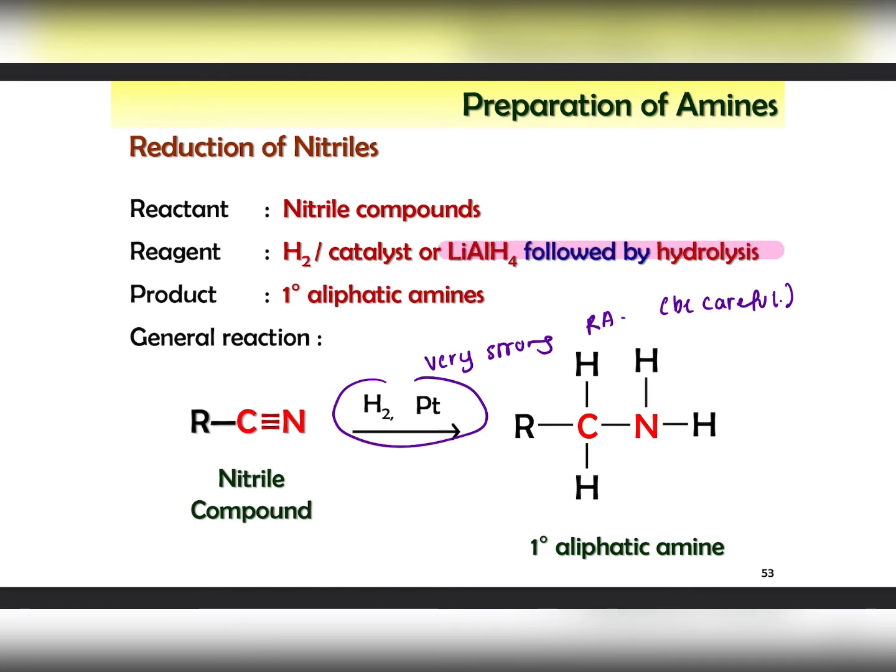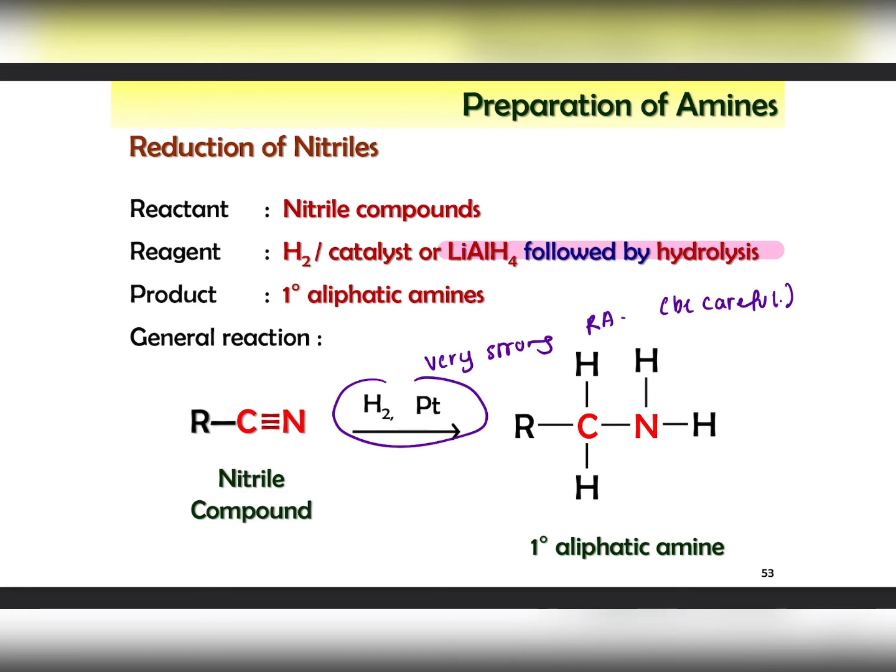Okay, so kalau soalan tak spesifikkan, you just use this one, because hydrogen and metal catalyst is a very strong reducing agent. So sometimes kalau ada C triple bond C, C double bond C, dia boleh reducekan these two juga, and carbonyl.